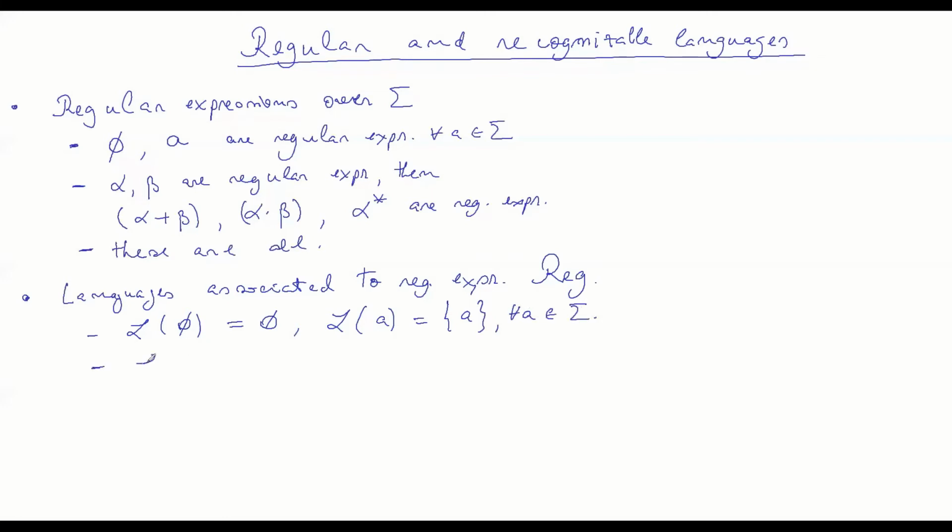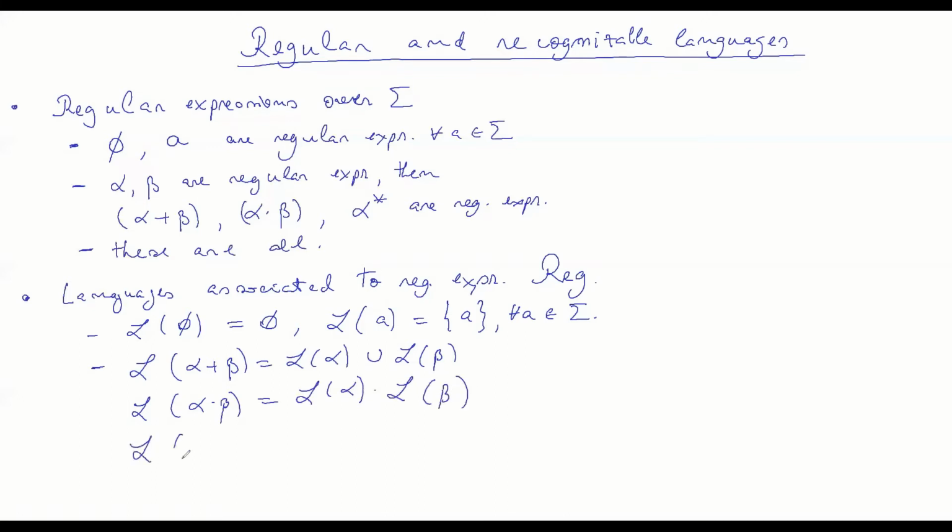The language associated to alpha plus beta is the language of alpha union the language of beta. The language of alpha beta is the concatenation of the language of alpha and the language of beta. And the language of alpha star is the iteration of the language of alpha.